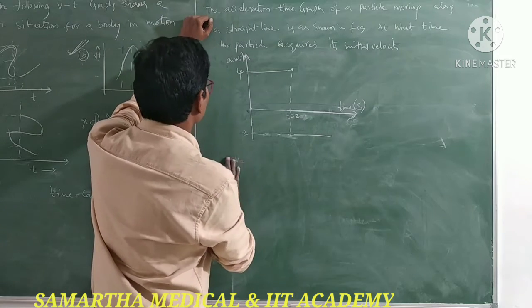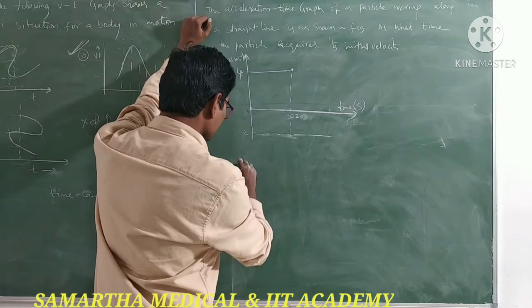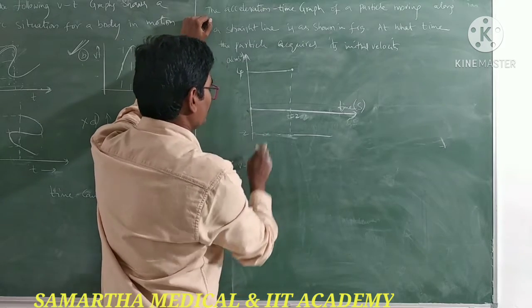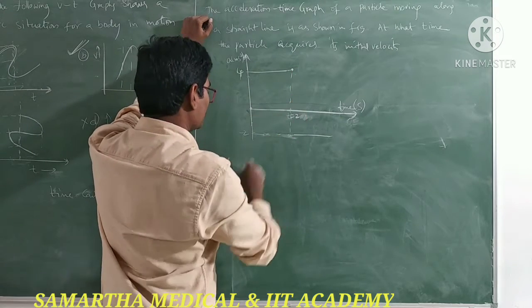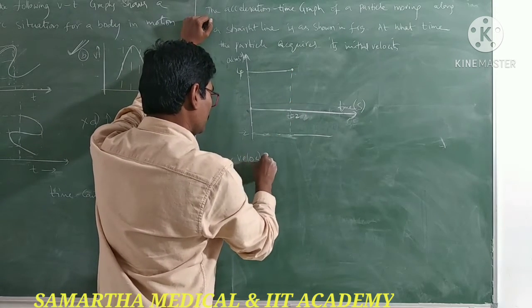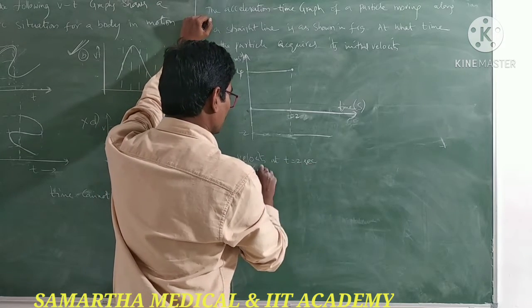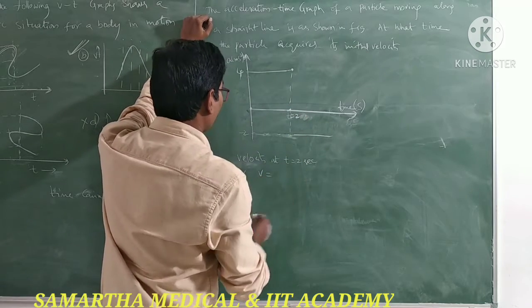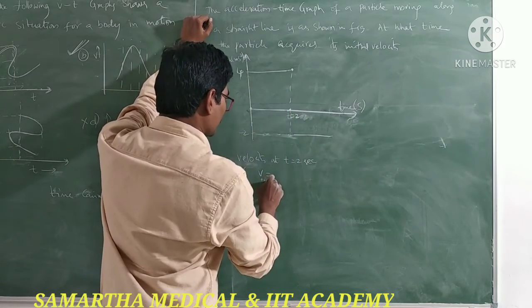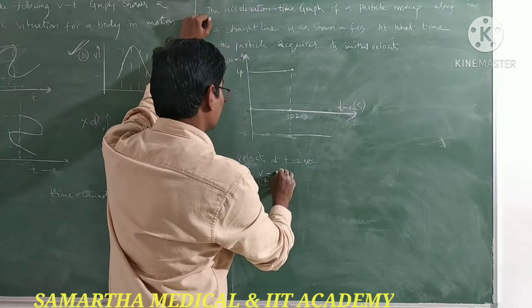See here, acceleration-time graph. Velocity of the particle at t equal to 2 seconds: for positive acceleration, v is equal to u plus at.